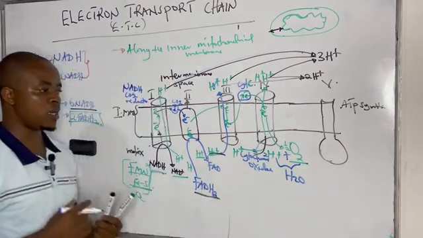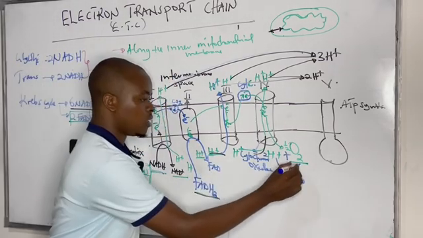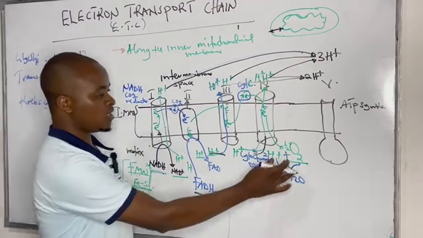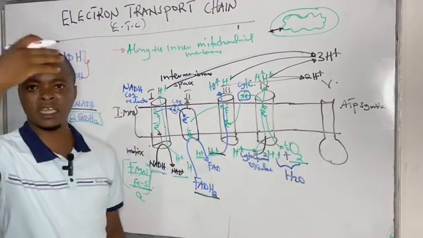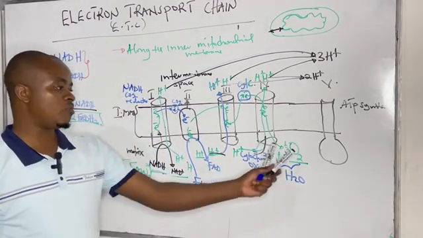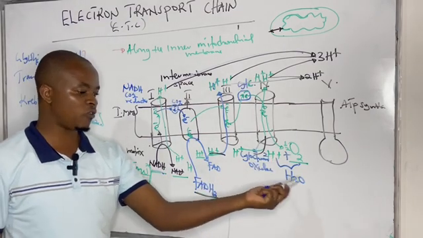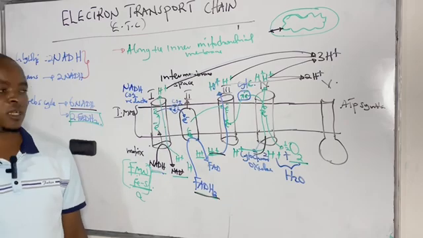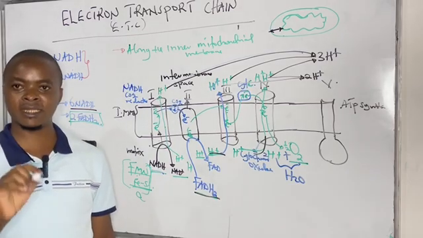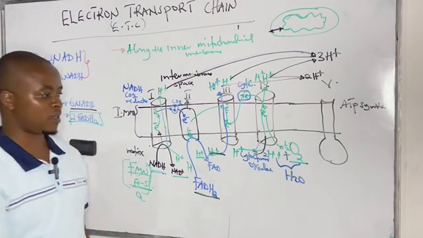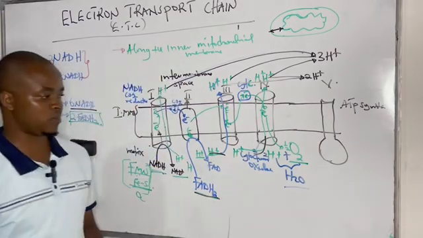That's why we see, under the electron transport chain, production of water, whereby this oxygen, which is the last electron acceptor, combines with the 2 hydrogen ions in the mitochondrial matrix to form water. And oxygen, remember, is the last electron acceptor.